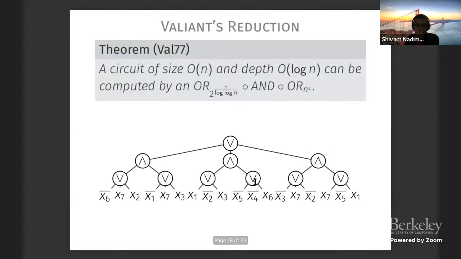Namely, Valiant showed that every circuit of linear size and logarithmic depth can be computed by a non-trivial depth-3 circuit of sub-exponential size. So if you prove a strong exponential lower bound for depth-3 circuits, it translates to a superlinear lower bound even for log depth circuits.